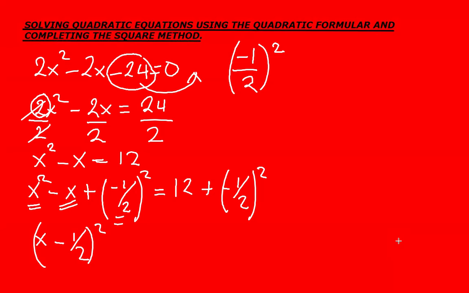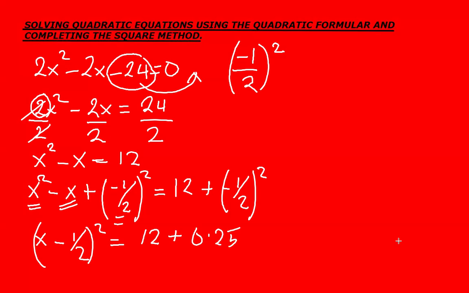So it is equal to, on the other side, we had 12, and then of course it will be plus 0.5. Negative times negative gives you a positive. So plus 0.5 squared gives us 0.25, which is 1/4. 1/2 times 1/2 is 1/4, which is 0.25.